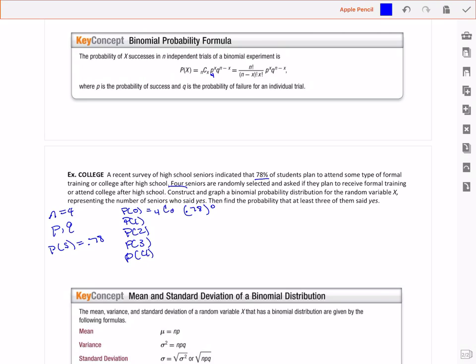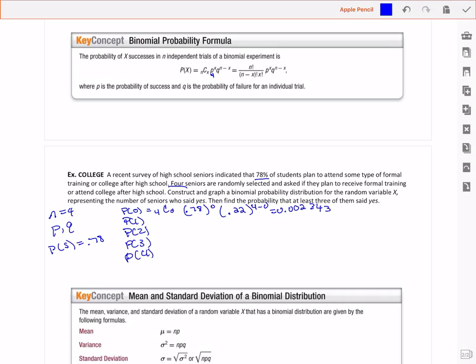Just looking at the formula up here, we've got p to the x, times 1 minus p, because q would be 1 minus p, so 0.22, to the 4 minus 0, n minus x. So you'd put that in the calculator, and we've got 0.002343.